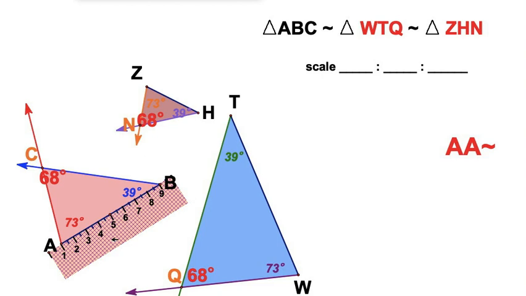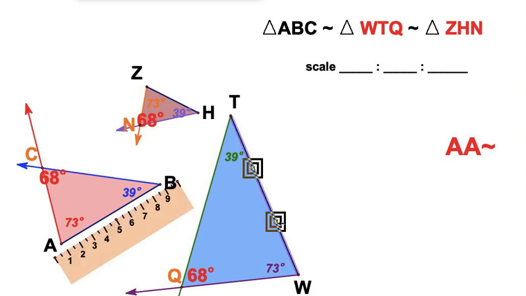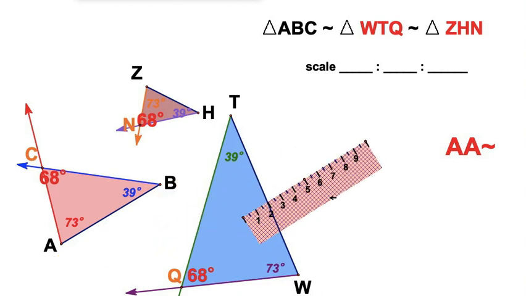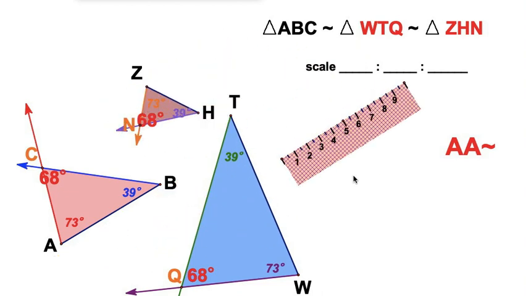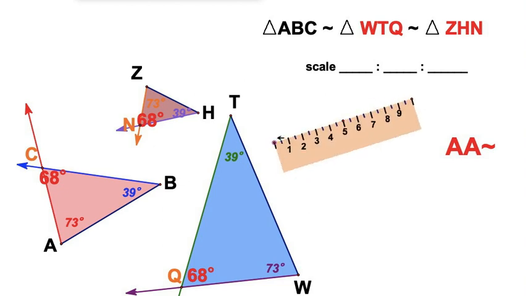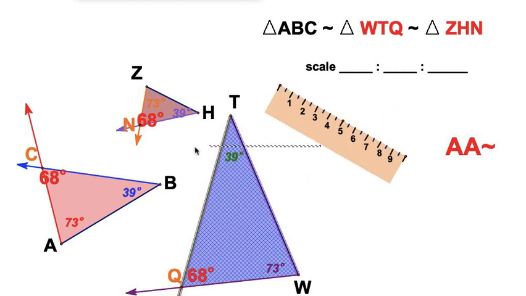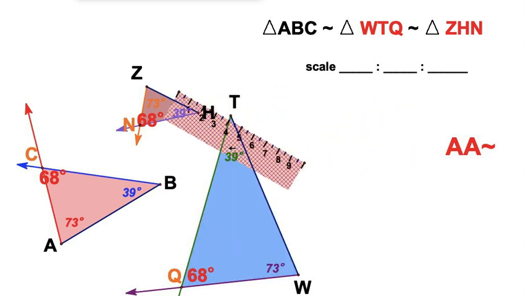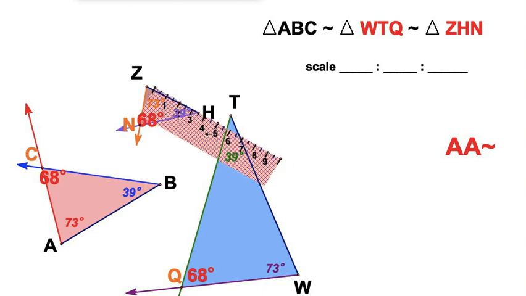I read 9, subtract 1. Either way, I've got 8 centimeters. I think you're going to find 12 when you do this one, the corresponding side. And then for the Z, H, if I line this instrument up, I'm pretty sure I am going to see 4.